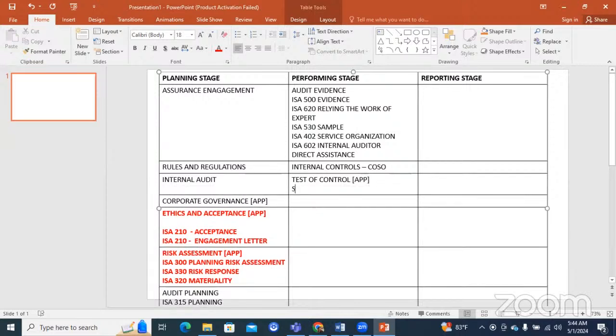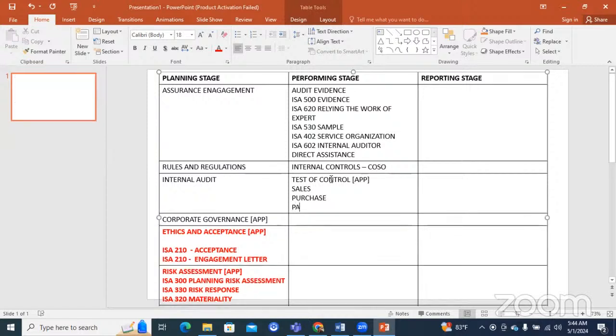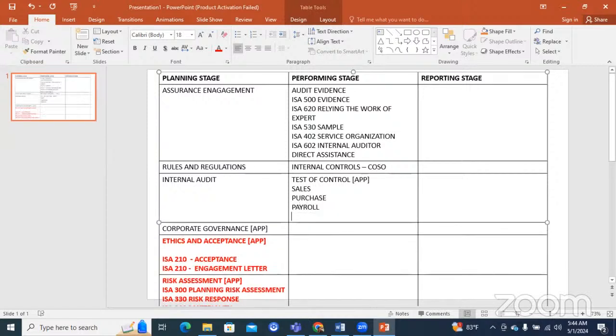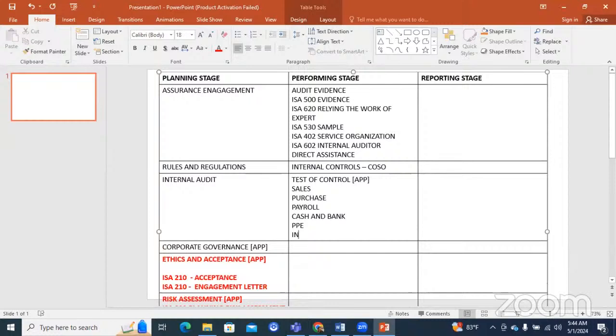Under test of control, sales system was there, purchase system was there, and payroll system, and cash and bank system, and PPE, inventory. You should have a clear idea about these areas.